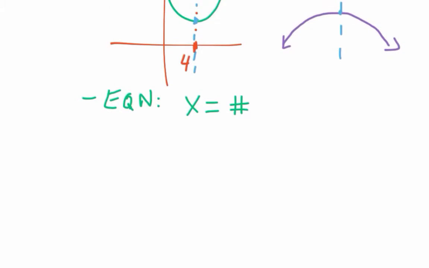Now to find that, I'm going to say there's 3 different ways to find it. So the ways to find what is that number that x equals. One, x equals the x value of the vertex.